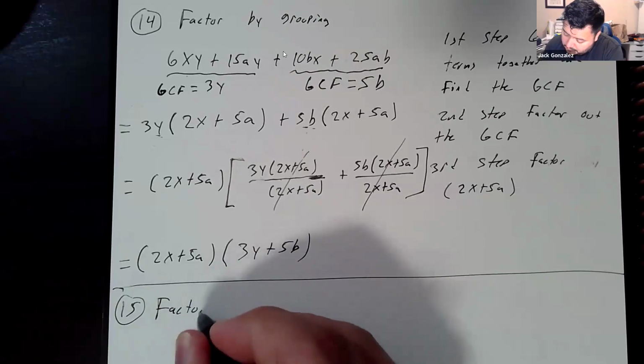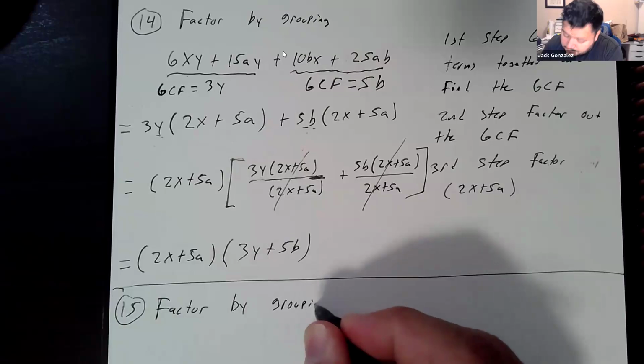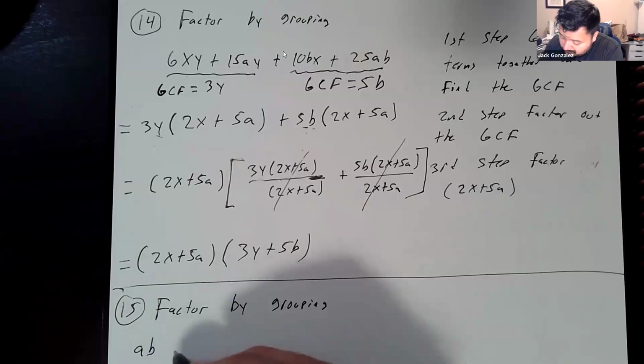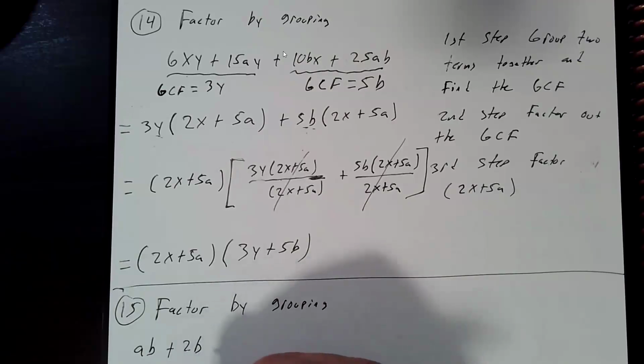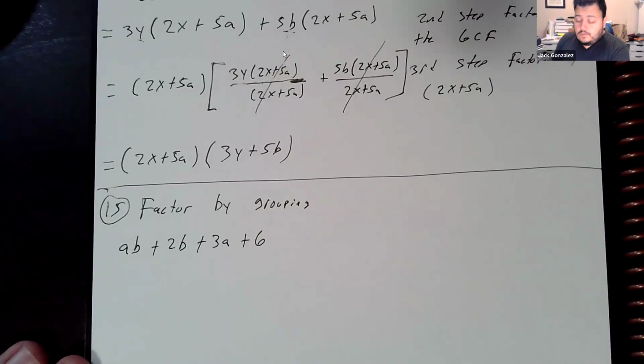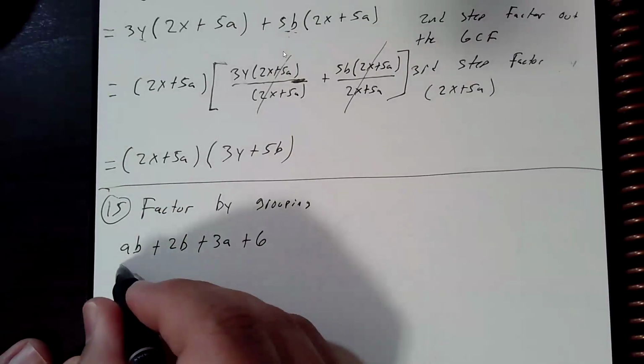Factor by grouping. That's 6. Okay, so look at the first two. What do they have in common?